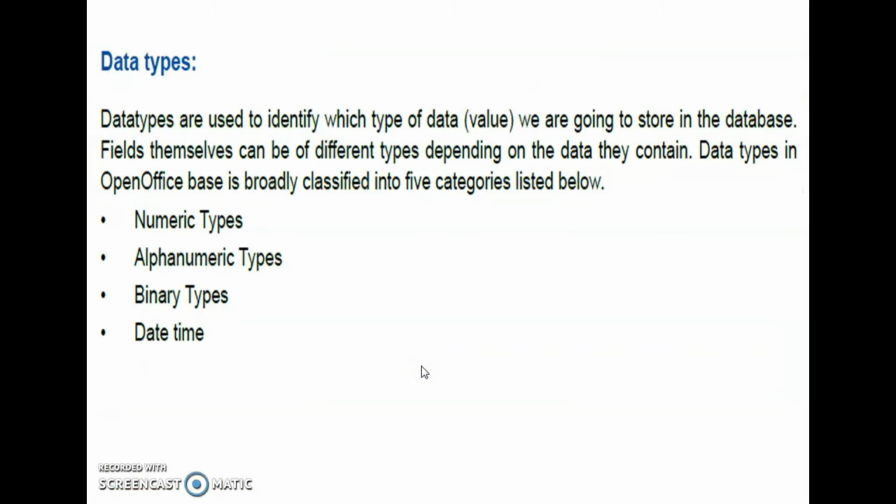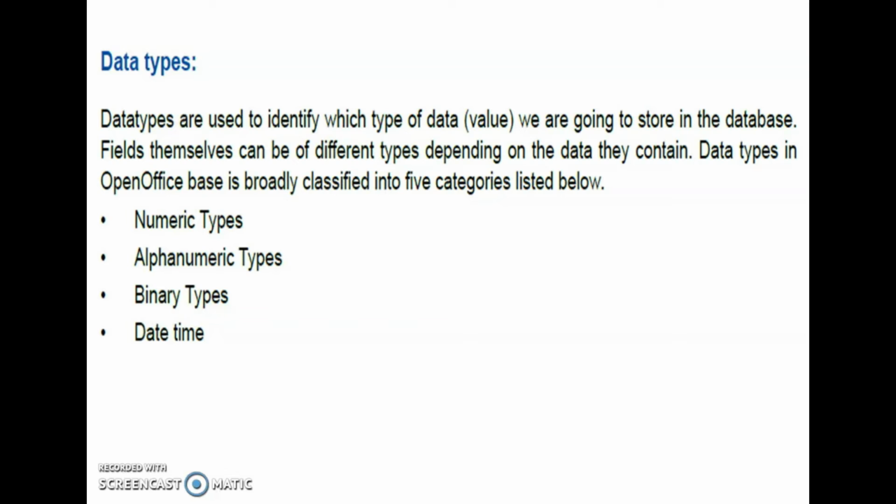The next one, data types. Data types are used to identify which type of data we are going to store in the database. Fields themselves can be of different types depending on the data they contain.